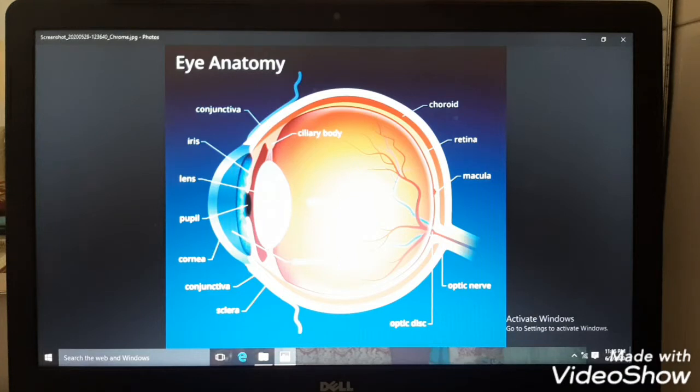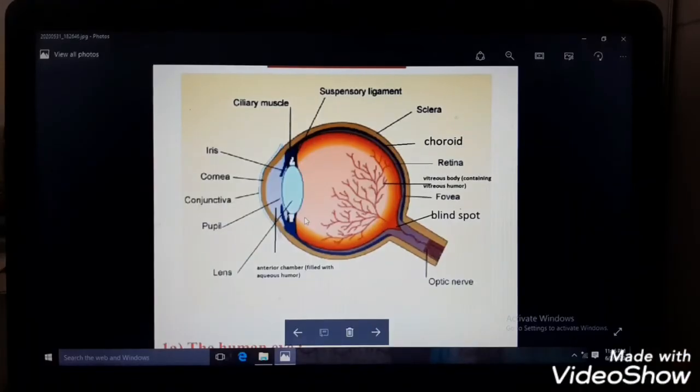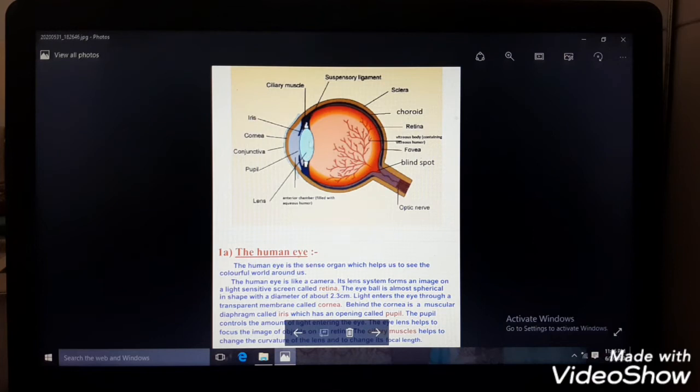Let me show you in another figure. What is this actually? Do you know that? This is the suspensory ligament. This suspensory ligament holds the lens in its place, and the ciliary muscles are responsible for the contraction and relaxation of the lens, for the flexibility of the lens.